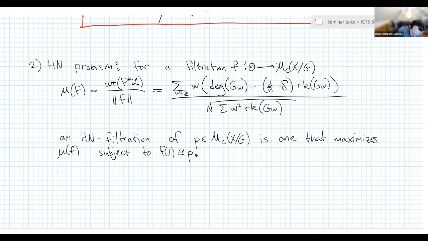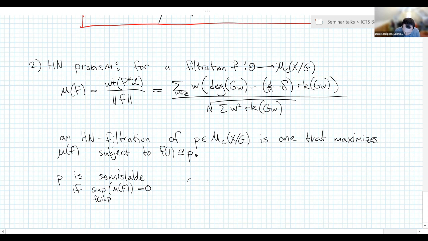And so we say that P is semi-stable if the supremum of all these filtrations is 0, and otherwise P is unstable.